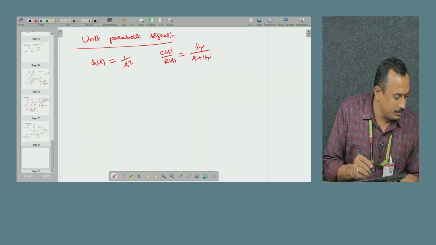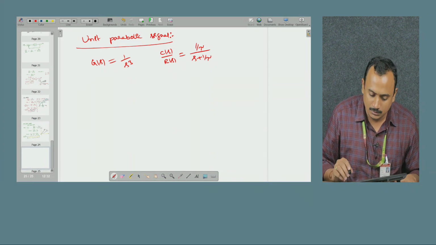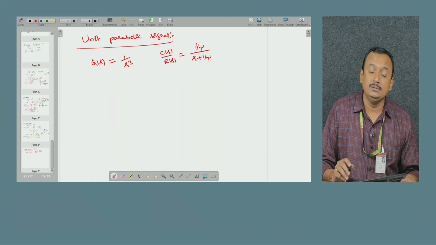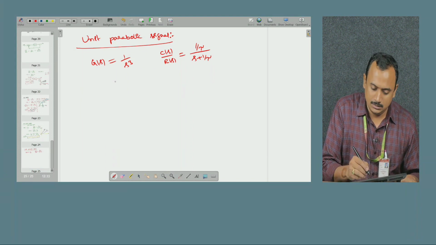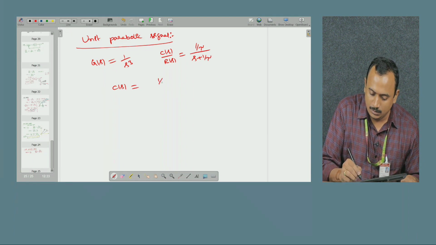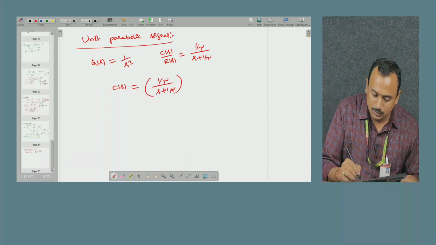After applying partial fractions and all, you are going to get the C of s value, and then C of s is 1 by tau by s plus 1 by tau into R of s, that is 1 by s cube.